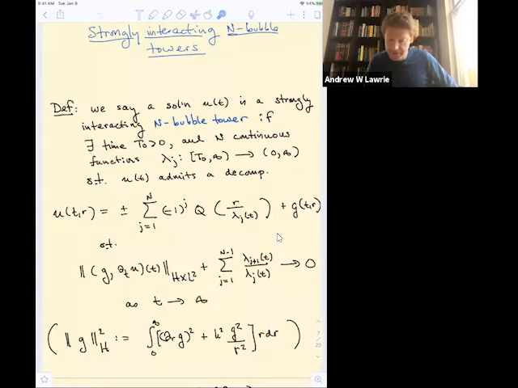And the bubbles are asymptotically orthogonal in the sense that their scales are separating as t goes to infinity, so the ratios of the scales tend to 0. And this uses the H norm, which characterizes the energy space. It's not just the H1 norm, but since this is a two-dimensional space, I have this Hardy component as well. This is a natural norm for the equation.